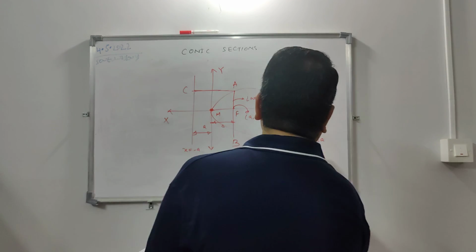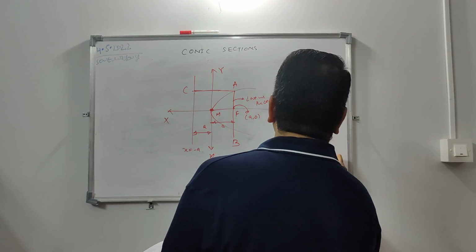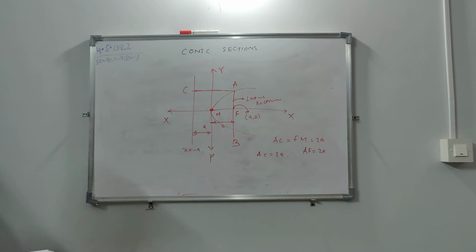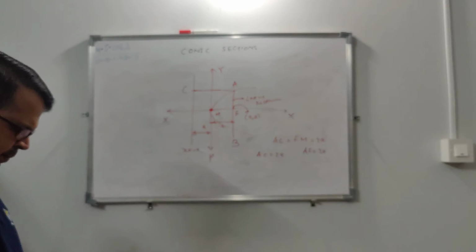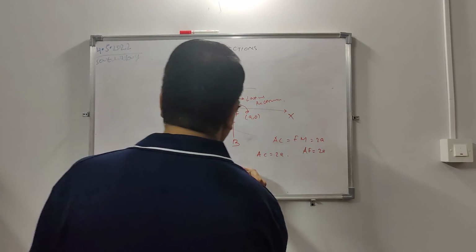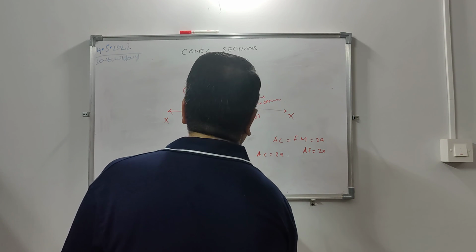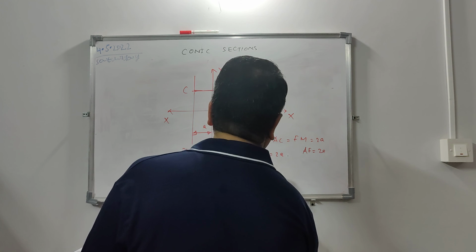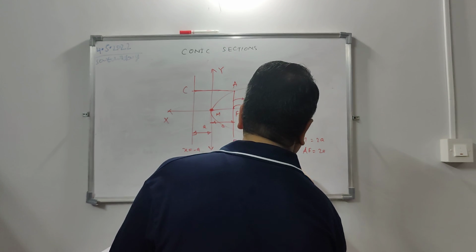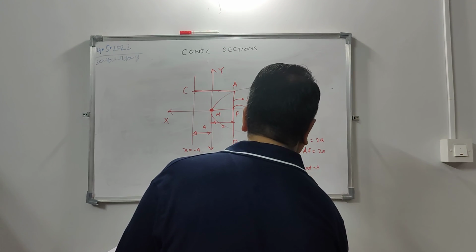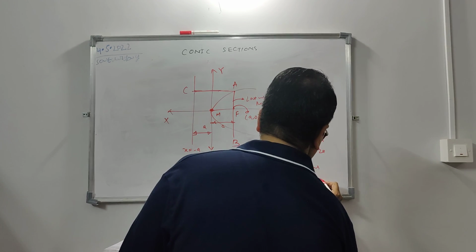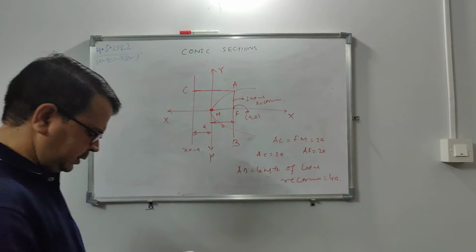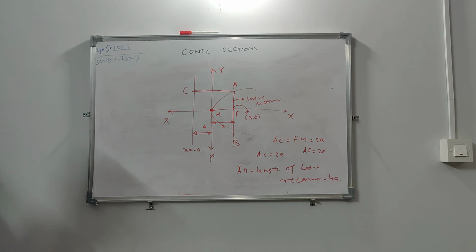Since the parabola is symmetric with respect to the x-axis, AF is equal to AB. So AB is the length of the latus rectum. So what is the length of the latus rectum? The latus rectum is equal to 4a. That is the formula for the length of the latus rectum.